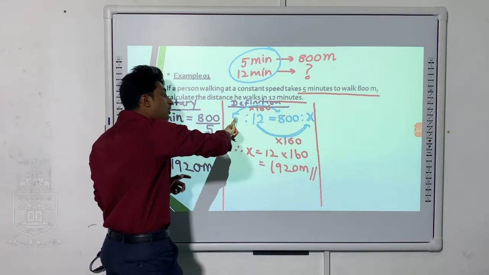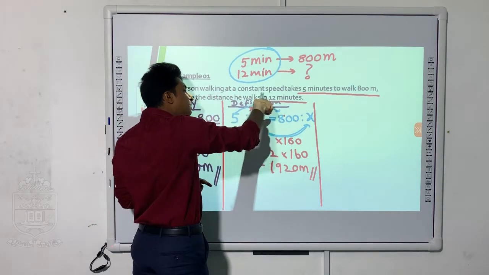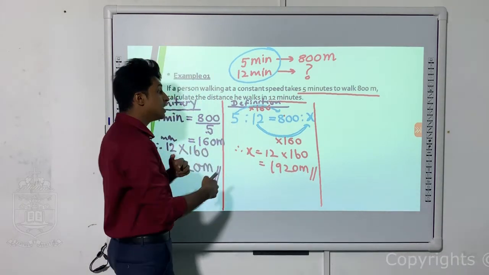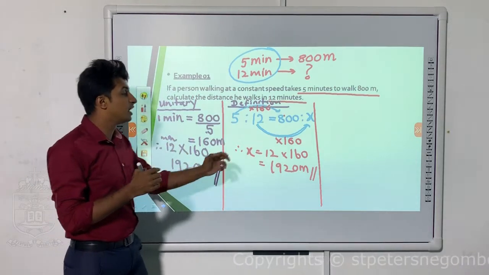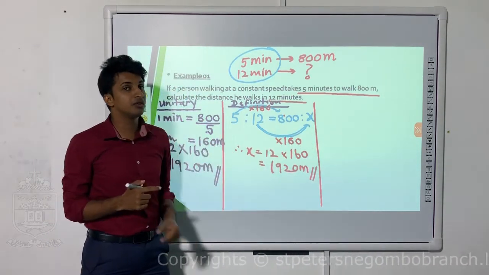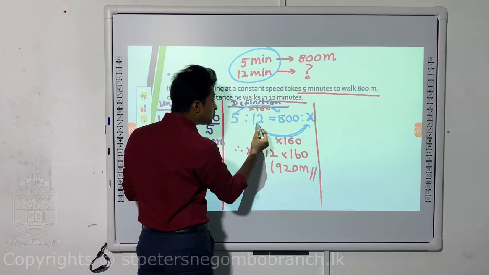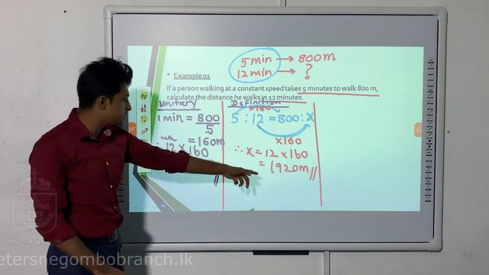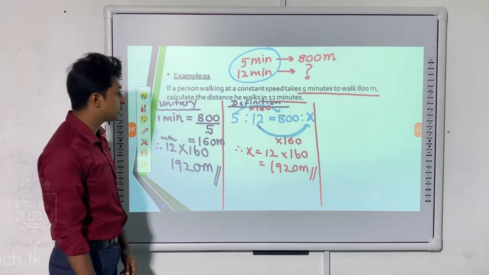Check how 5 became 800: 5 got multiplied by 160. Therefore, 12 will also be multiplied by 160 to get the value of x, so x equals 12 into 160, that is 1920. Whichever method you use, you will get the same answer.